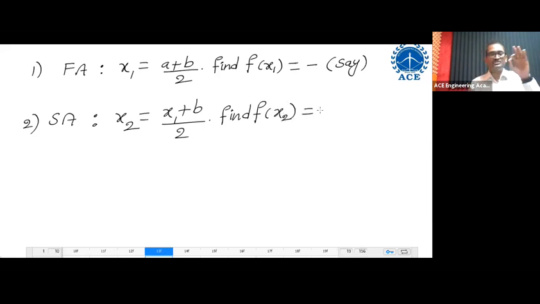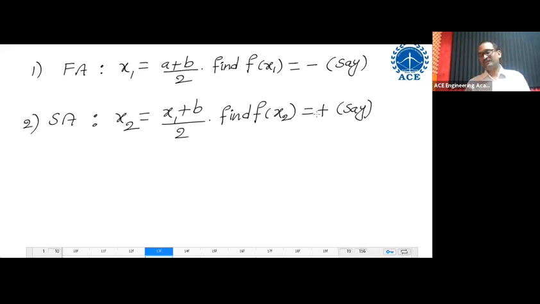Suppose f of x2 is equal to 0, then x2will be the required root. Suppose f of x2 is not 0, then it should be either greater than 0 or less than 0. We don't know which. Let us assume f of x2 is greater than 0. If you want, you can assume negative also.